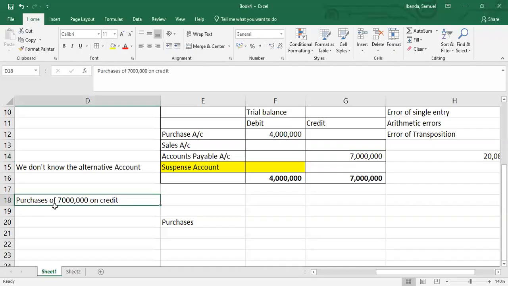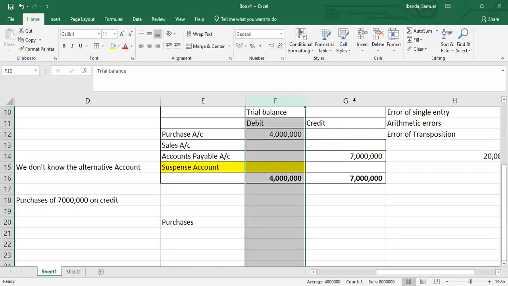So in this case, if you have purchases of 7 million that were all on credit, and you're transferring them to the trial balance, you know that accounts payable will definitely have its 7 million. Every transaction has an effect here and an effect there. So accounts payable has your 7 million, and your purchases, you undercast them and put 4 million.